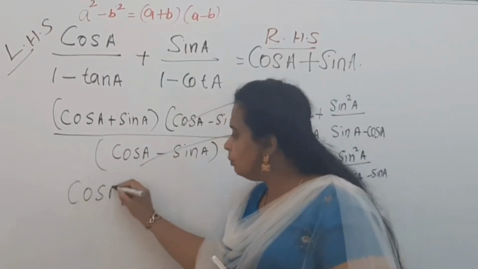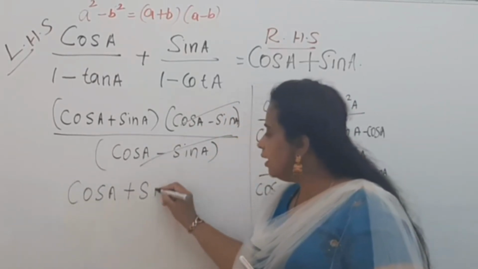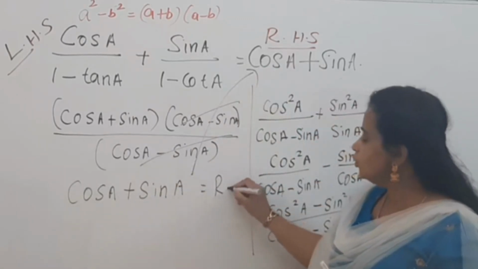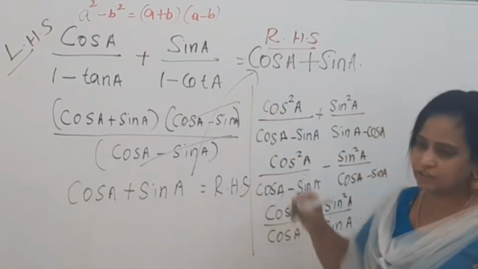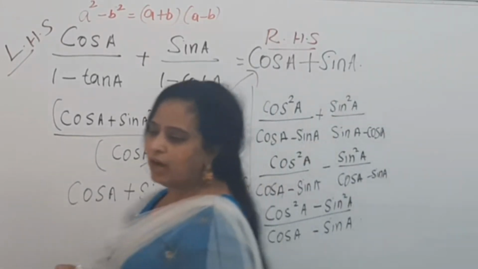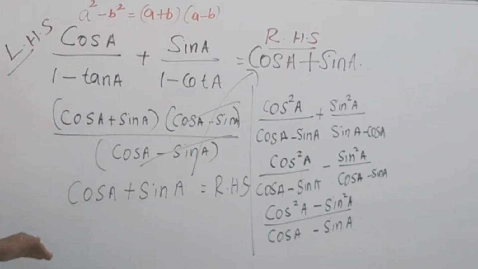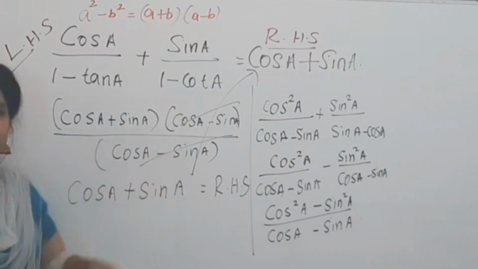So your numerator is cos A plus sine A, which is nothing but your RHS. So LHS is equal to RHS. It is done. You have taken your identities and you proved LHS equal to RHS.